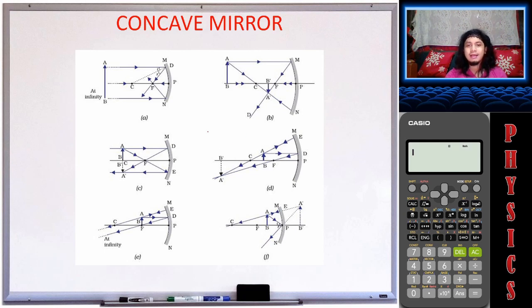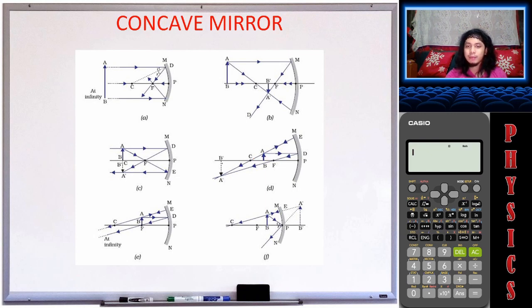Yan. So, next case, third case is nasa center naman yung ating object. Ang tendency, ang mabubuong image nasa center din, which is same size, inverted, and real. Kapag naman po ang object natin ay in between center and focus, ano mangyayari?